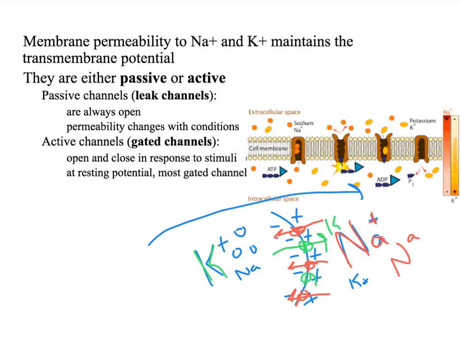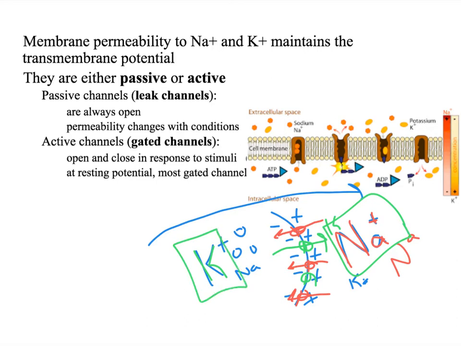So what I have in this diagram, these are actually pumps that run using energy, so therefore this is active transport. These exchange pumps will actually reverse this process. After the signal has been transmitted and the action potential is over, you've got to repolarize this. And so you've got to put the sodium back out of the cell, and you've got to put the potassium back inside the cell.